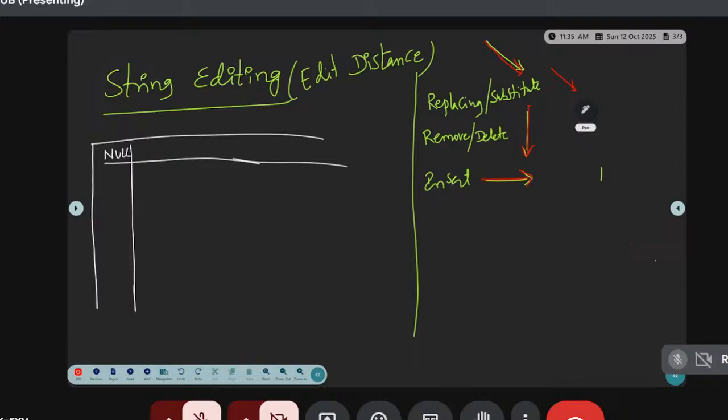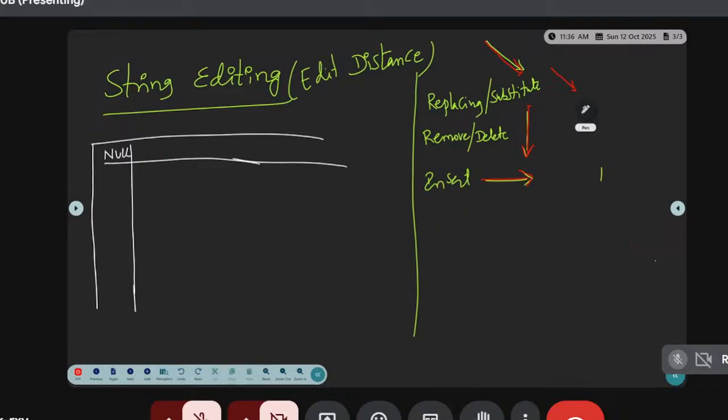Here A, B, C, D, whatever your string is; KIET may be changed as KIETS, KIIET. What do you want to change here? This is row-wise and column-wise. You should already know what the original string is and what you are going to transform it into: string 1 into string 2. So you should be aware of string 1, and string 2 also.